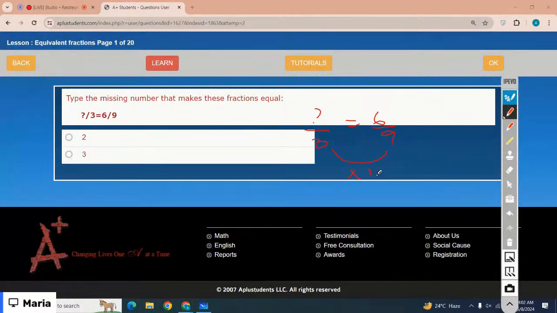That means you need to apply the same to the numerator. So what number times 3 is 6? 3 times 2 is 6. So the missing number is 2. The correct option is 2, so the fraction is 2 over 3.